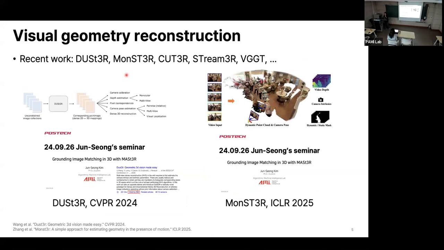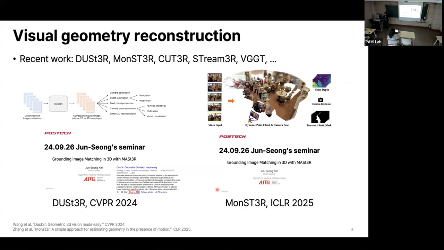I think many students or researchers are familiar with this work, so I want to introduce it briefly. The first one is DUSt3R, the initial approach to reconstruct a 3D point map from an uncalibrated image set in a feedforward manner. MonST3R is the following work to produce a time-varying dynamic point map.